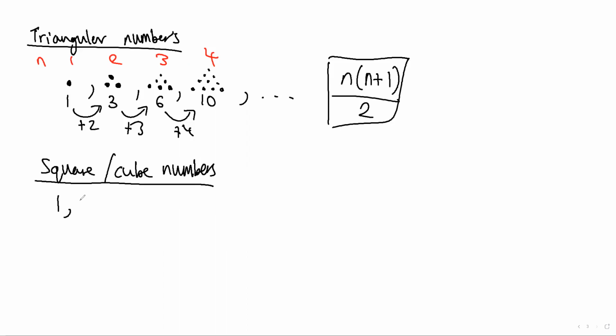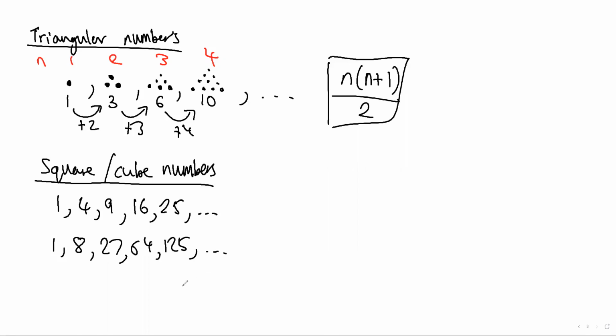Another more familiar one will be square and cube numbers. So square numbers are just your perfect squares, and then you also have your cube numbers. These ones might be less familiar, but this will be 2 cubed, this will be 3 cubed, 4 cubed, and so on. And you can see that n equals 1, 2, 3, 4, 5.